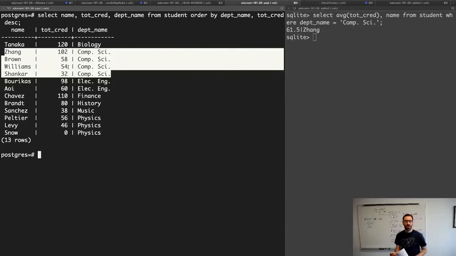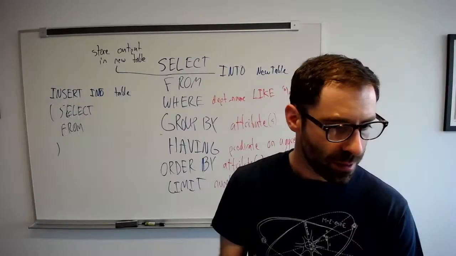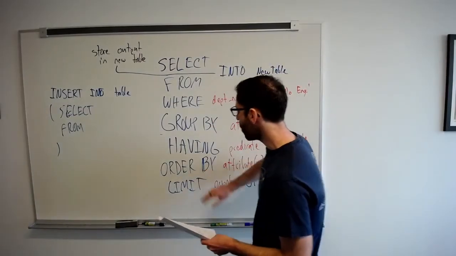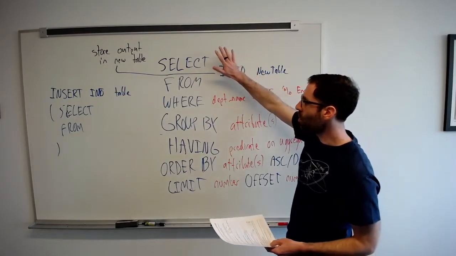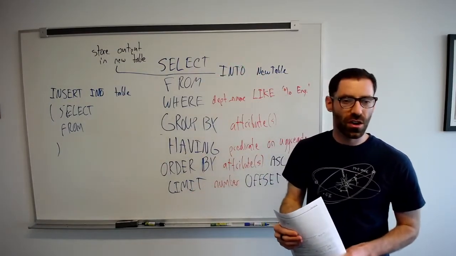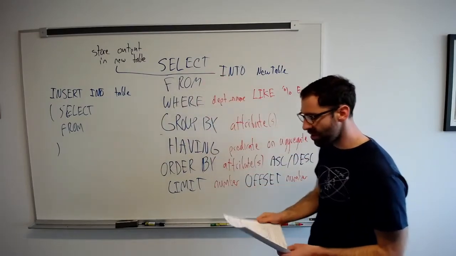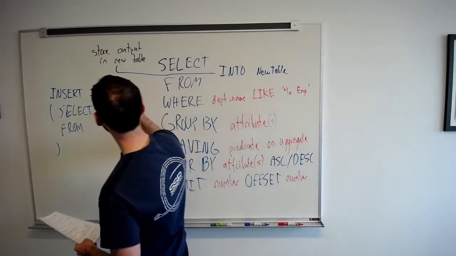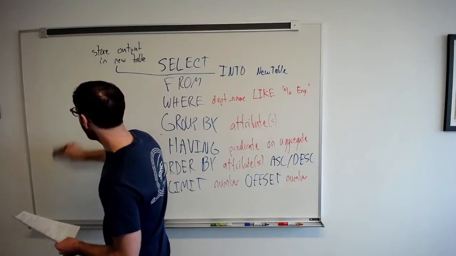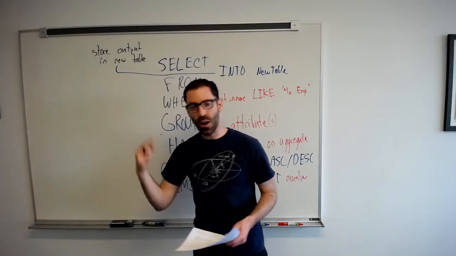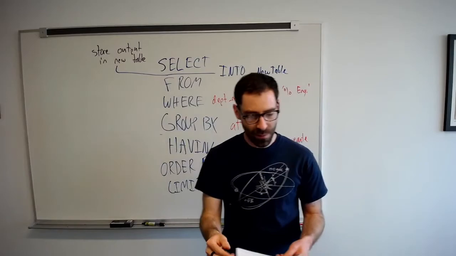All right. So let's get a little crazy. We've seen that our SQL queries can get quite complex. They can have all sorts of different parts to them. But not only that, our SQL queries can actually have other SQL queries inside them.